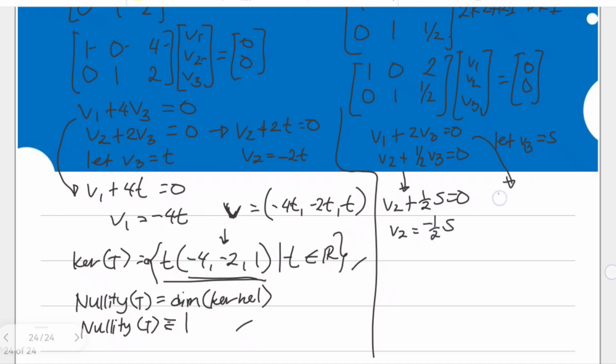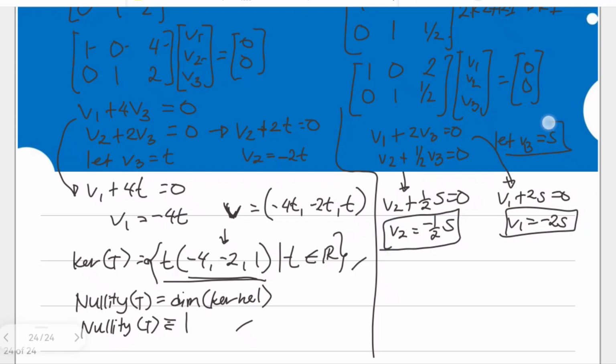This equation here, v sub 1 plus 2s equals 0. v sub 1 is -2s. With all these 3, our vector now has the components v sub 1 -2s, v sub 2 -1/2 s, and v sub 3 being s.